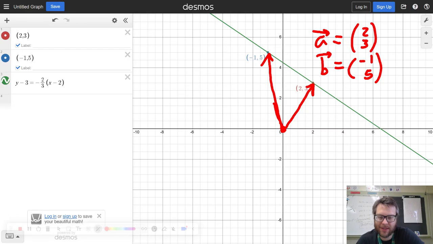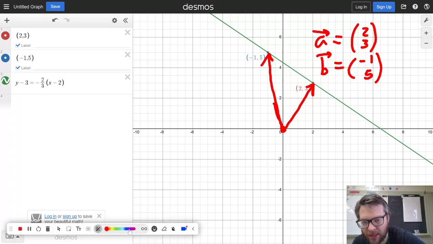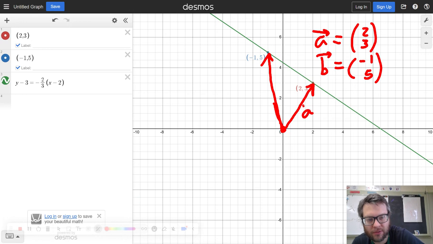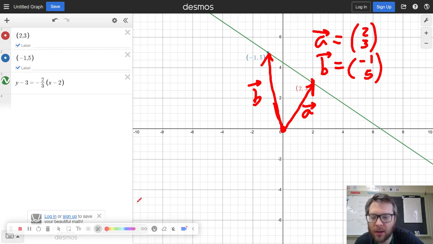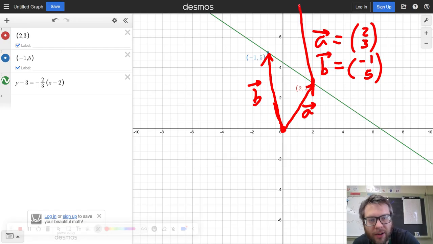One of the really nice things about vectors is that we can pick them up and move them around. So here's vector A, here's vector B. I can actually pick up vector B and go 1 step to the left and 5 steps up.